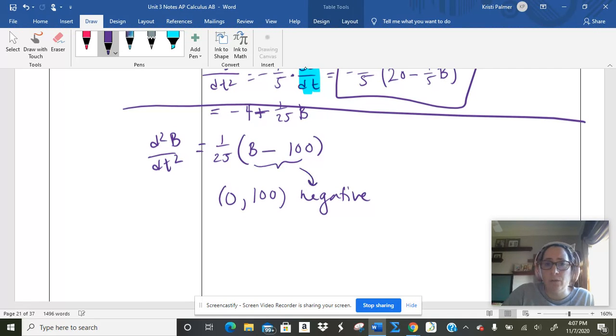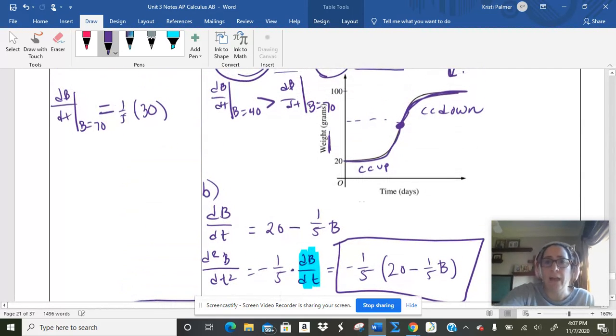Do you see that? All of those are going to be negative answers, which means that we should be concave down on this interval. But that is not true. We were concave up for part of this interval of weight.